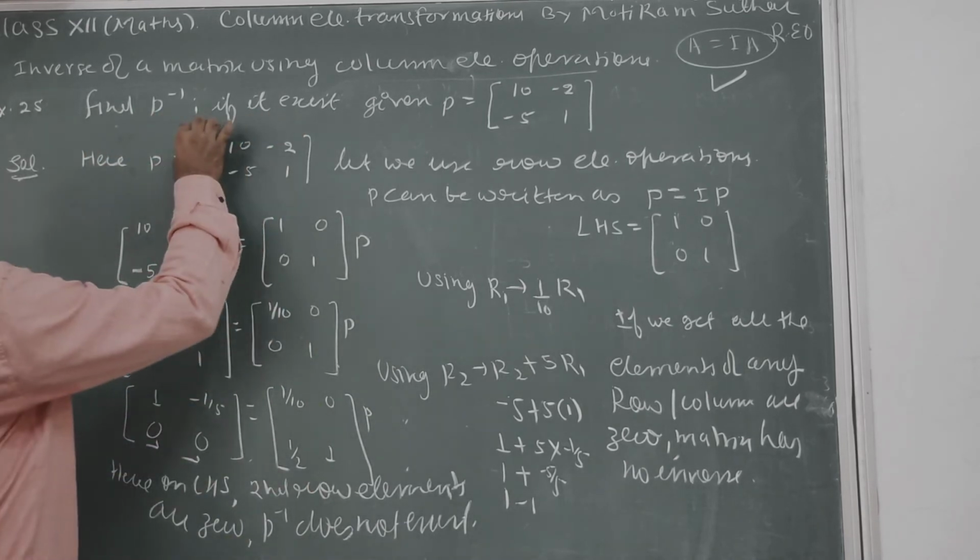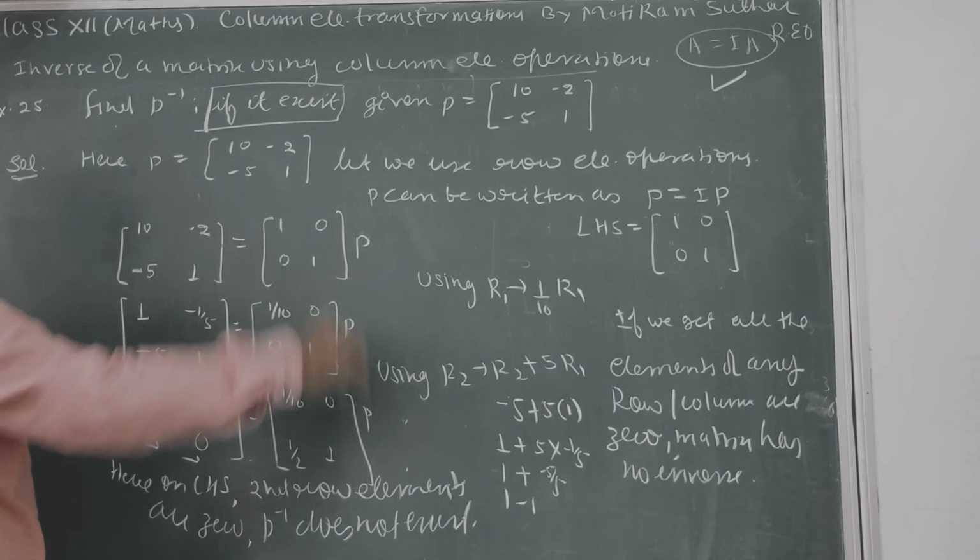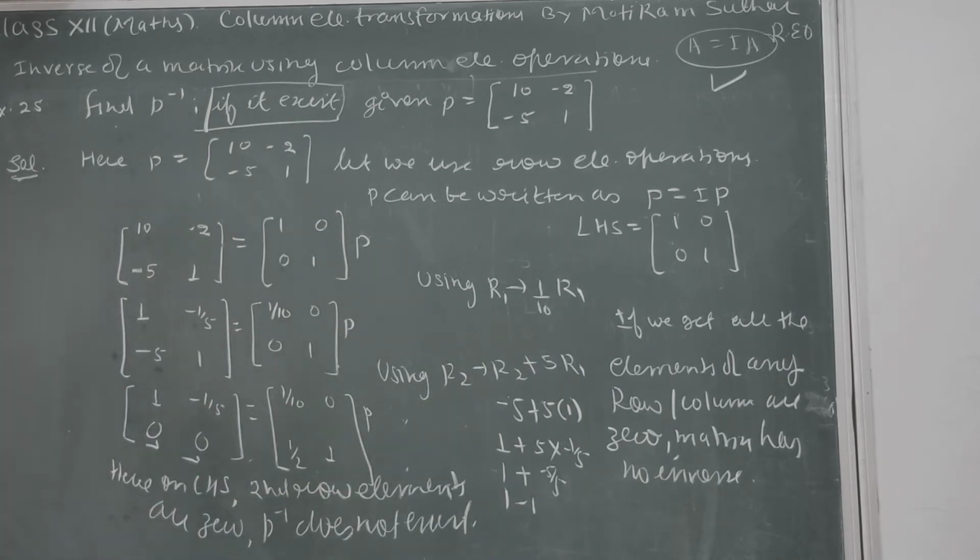So we can say P inverse does not exist. Clear? P inverse does not exist. So we cannot find the inverse of this matrix. Okay?